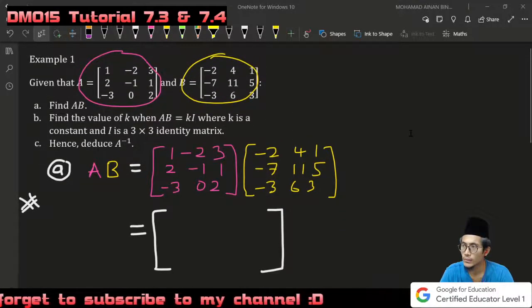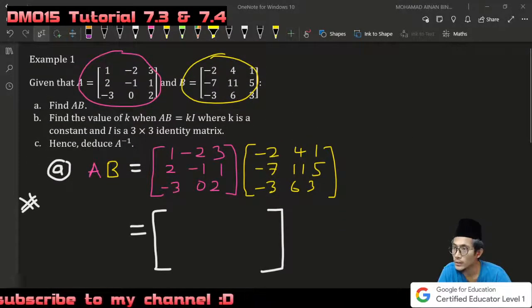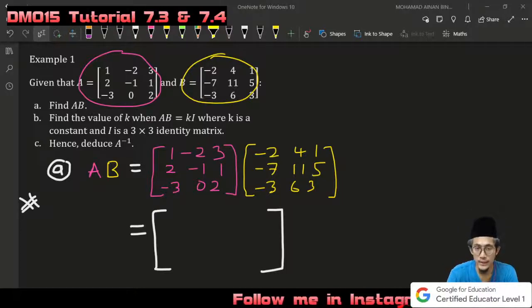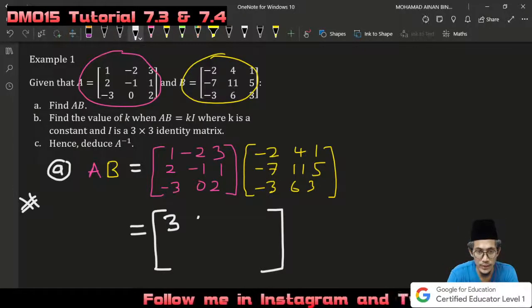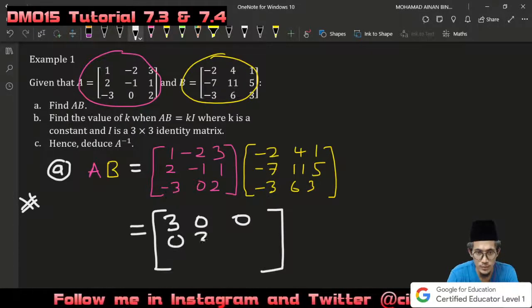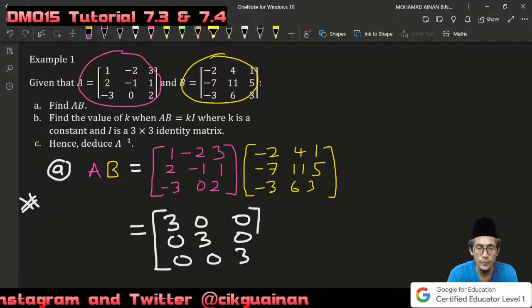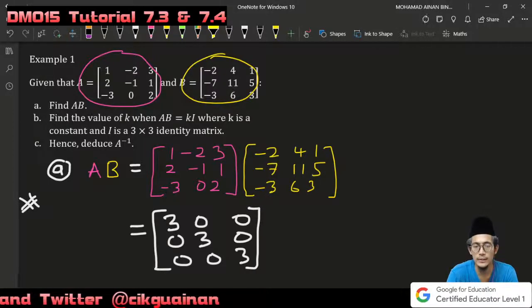Wait, that is not possible. Oh, tu. Okay. So, bila kita multiply, so 3, 0, 0, 0, 3, 0, 0, 0, 3. If we multiply that correctly, kita dapat macam ni.